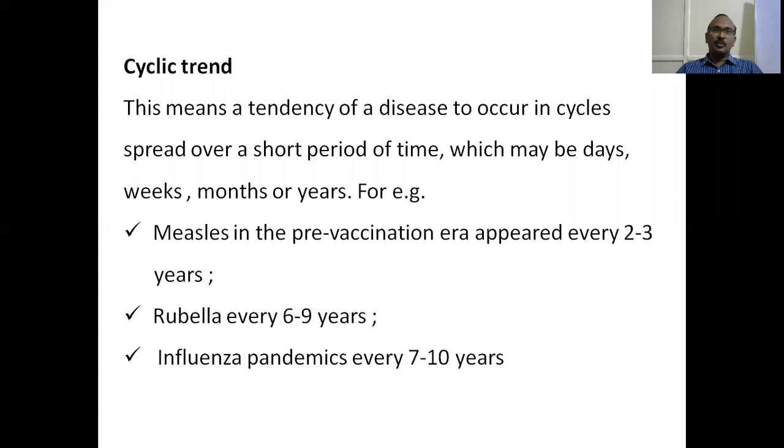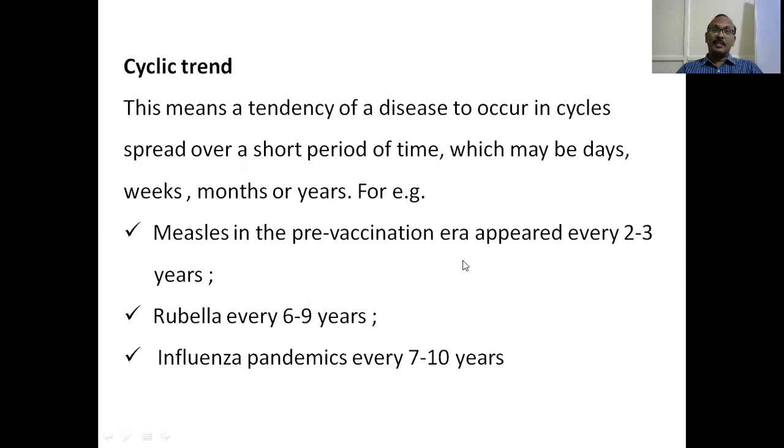So the 2 to 3 years is known as cyclical trend. It means if today it is 2020, there can be measles again in 2022. So that is an example.